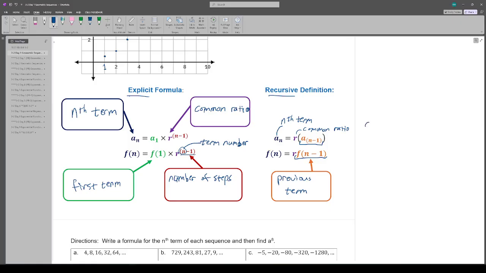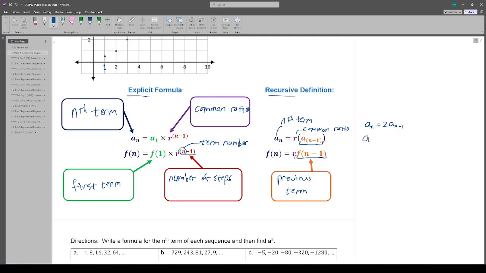So basically, if we had an equals, let's do a simple number like 2 times an minus 1, then that's saying multiply the previous term by 2 to get the new term. But that doesn't tell us what the previous term was.